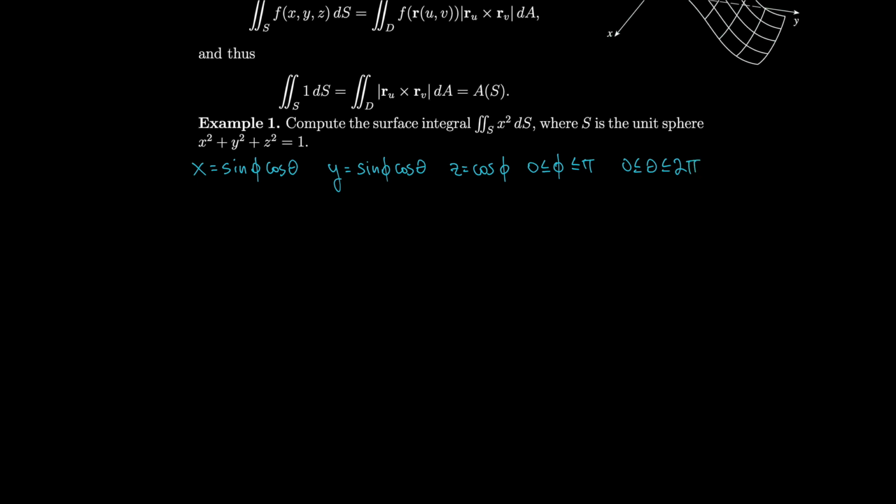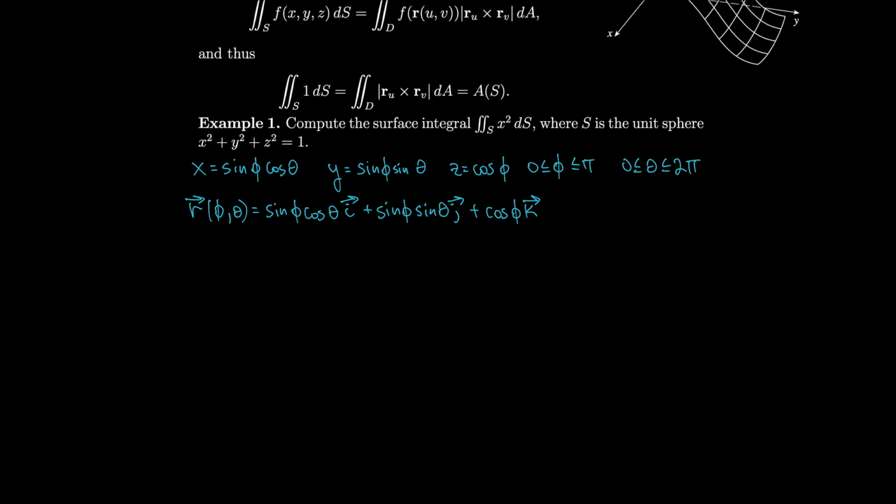So now we want our vector equation r. So that'll be r of phi, theta, and we build it out of each of these components. So the x component is sine phi cosine theta i, and then we've got sine phi sine theta j, and then cosine phi k.